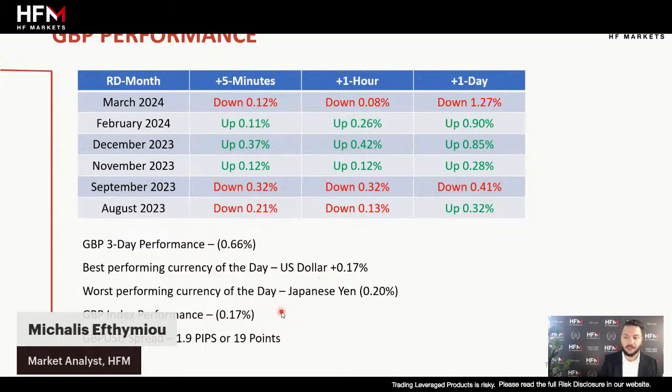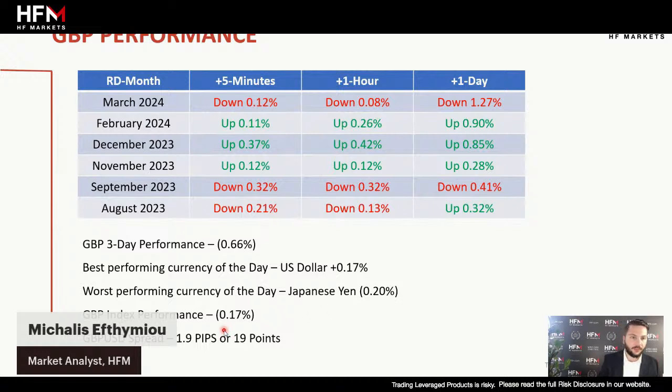The weakest performing currency of the day, which is actually declining by 0.20%, is the Japanese yen. So if, based on what is announced, you want to speculate that the pound is going to increase, a currency pair that you can take into consideration, very simply because it's not only very weak today, but it's actually been very weak for approximately 18 months now, is the Japanese yen.